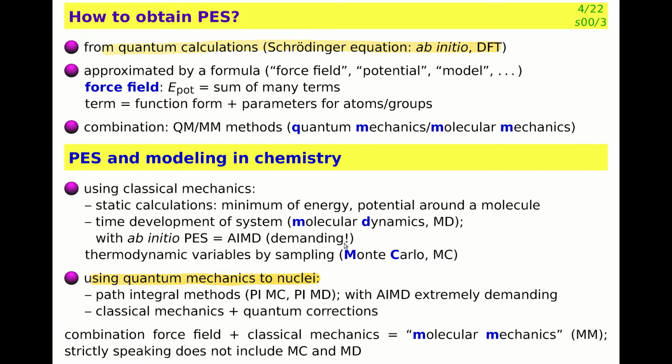And there are, as you can see, four possible combinations. The cheapest one is to use a classical force field and classical mechanics, so that, for example, classical molecular dynamics. The most demanding would be both parts at a level of quantum calculations.